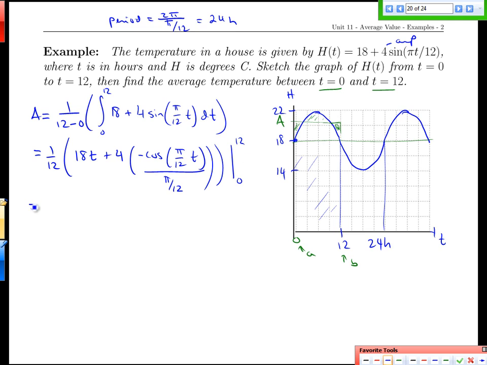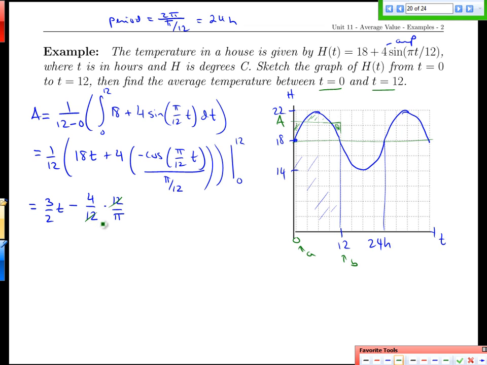Okay, so that gives us 18 over 12, better known as 3/2, t, plus 1 over 12 times 4, and minus. So we're going to have a negative here. Actually, I have a whole bunch of constants. Let's be clear about this. We're going to have negative 4 over 12 times 12 over pi. Oh, that's not so bad.